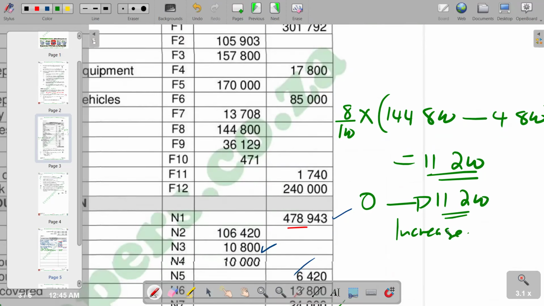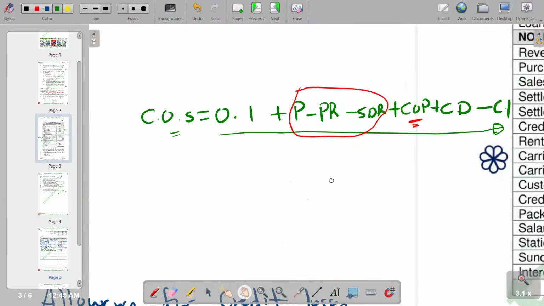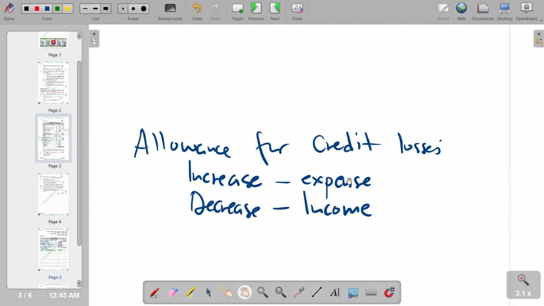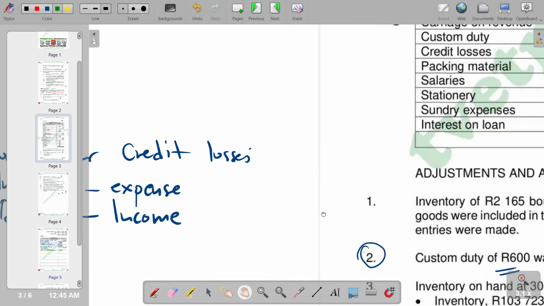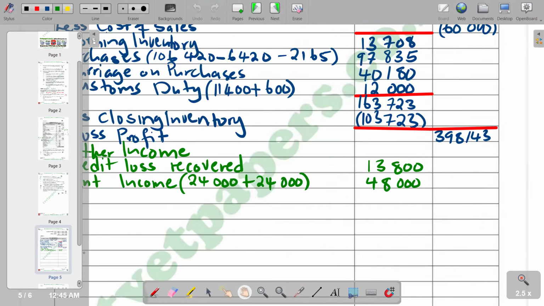And when it's an increase, according to our analysis, it should be an expense. So it doesn't qualify under other income section. So we leave it. We put it under expenses. So in that case, it means we have exhausted all the incomes that we have in the question. So we can now be able to add the two that we have. So we can close.